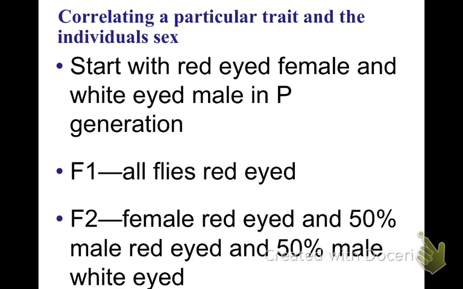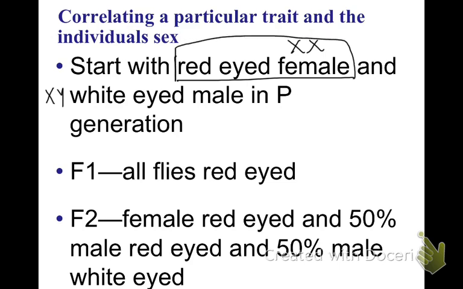Okay, so the first thing was he started with a red-eyed female. Now, females are known to have 2 X chromosomes. Males are known to have 1 X and 1 Y chromosome. So he had a red-eyed female and he crossed it with a white-eyed male.